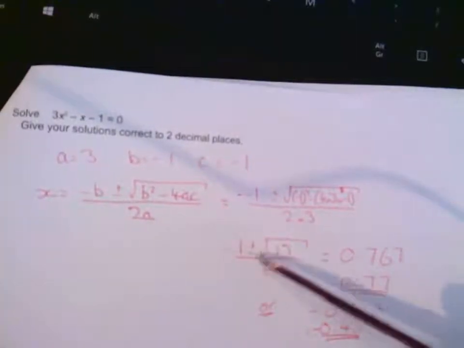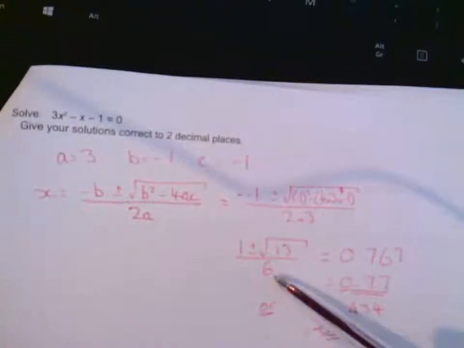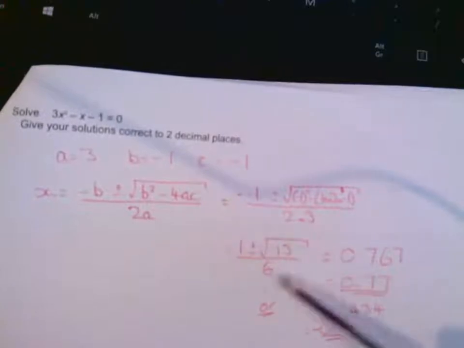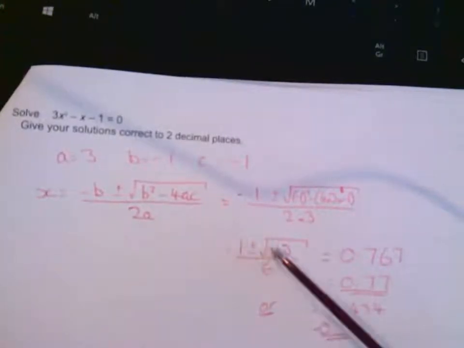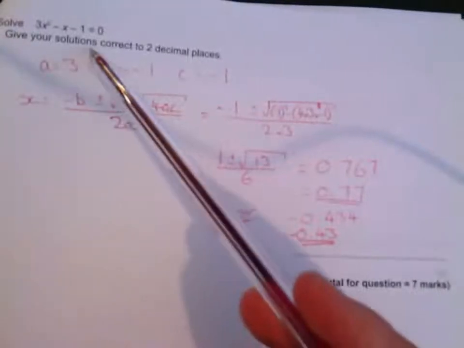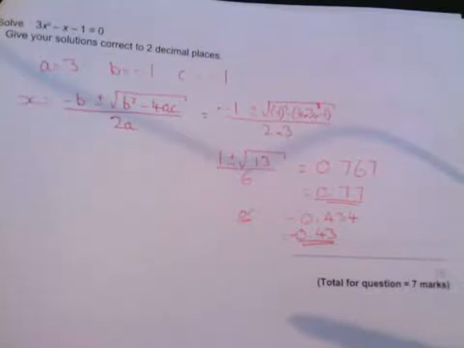So it's 1 plus or minus the square root of 13, all divided by 2 lots of 3, which is 6. Okay. When I do the first one, 1 plus square root of 13 divided by 6, I get 0.77. And when I do 1 minus the square root of 13 divided by 6, I get an answer of minus 0.43. So that's why you give your solutions plural to 2 decimal places. I've got both my answers there to 2 decimal places.